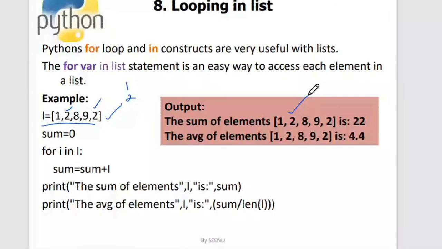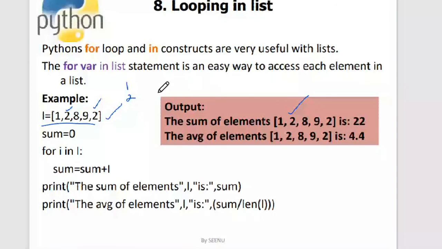Okay, so some points to keep in mind. The first point is that a list is a sequence. Elements in the list will be accessed through the index value. And the second point, lists are mutable or immutable? Mutable, ma'am. Lists are mutable.